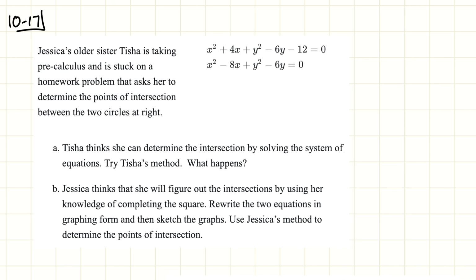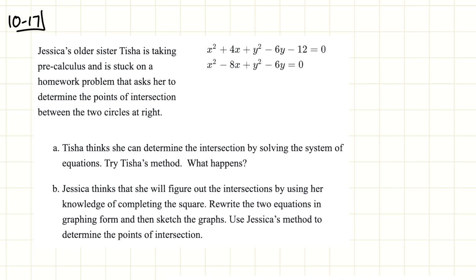You could use your algebra skills, and I'll give you a hint there. They're both equal to 0, which means you could set them equal to each other. All right, so I would probably take all this and move it over here, and then certain things will start to get eliminated, which will be really nice.